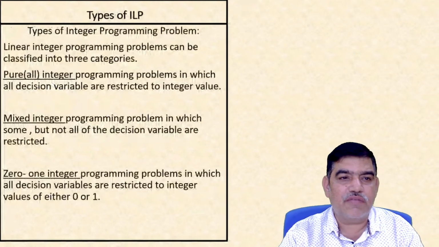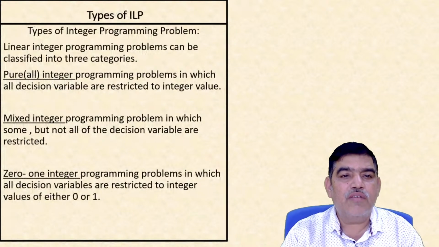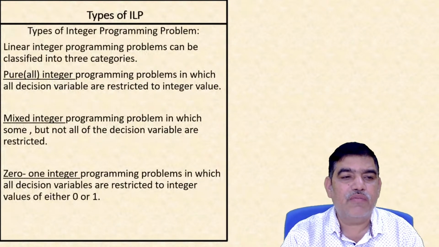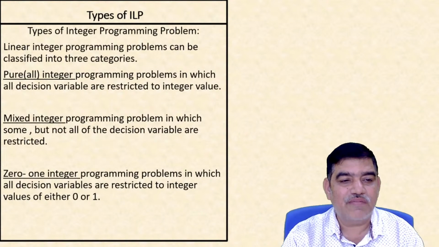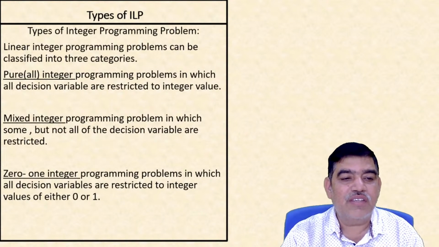Linear integer programming problems can be classified into 3 categories. One is pure or all integer, second is mixed, and the third is the 0-1 integer programming problem.